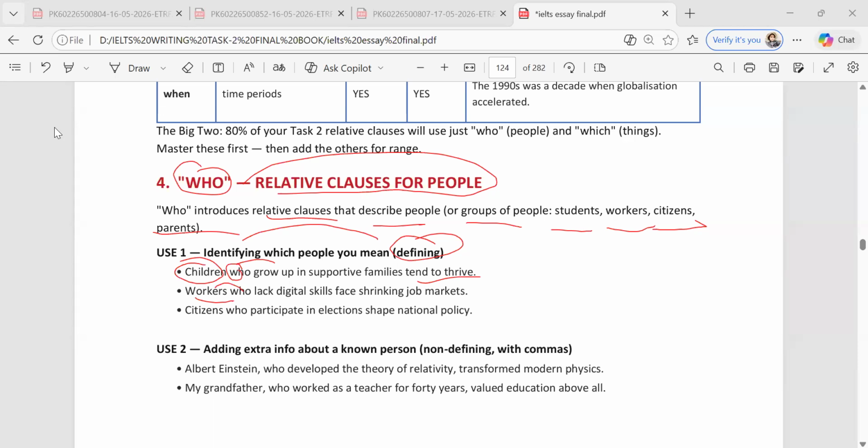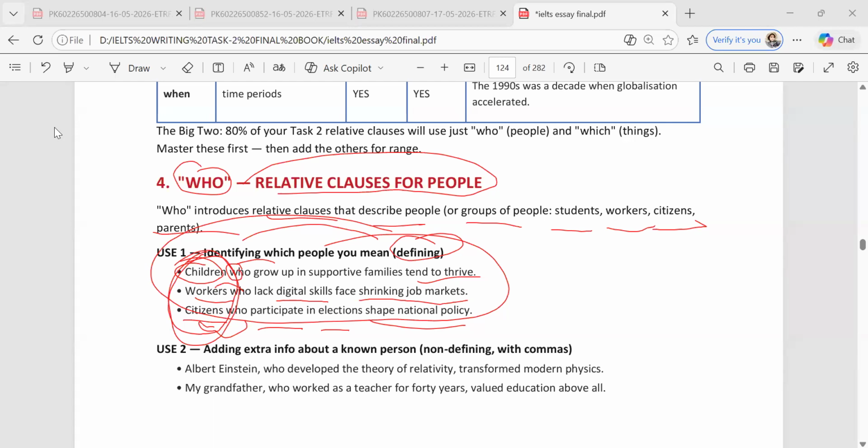Workers who lack digital skills face shrinking job markets. Citizens who participate in elections shape national policy. So if you focus on them, all of them are defining relative clauses, and we have used them right after nouns: children, workers.